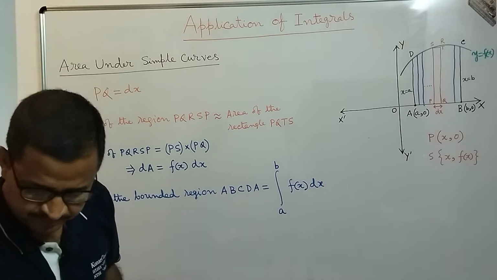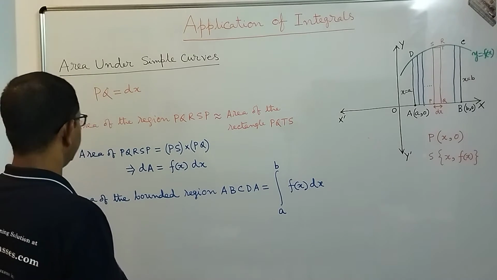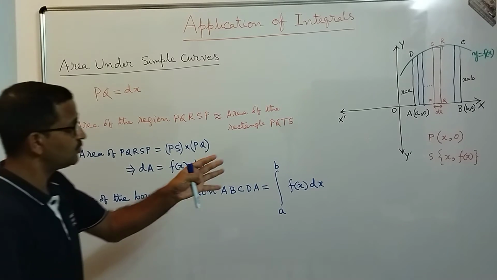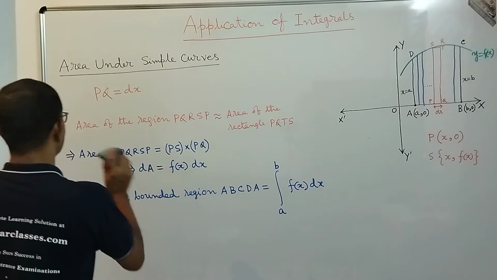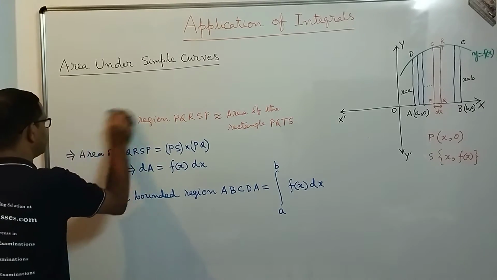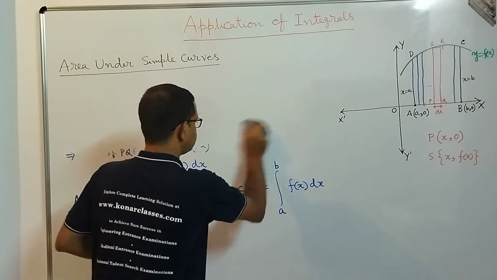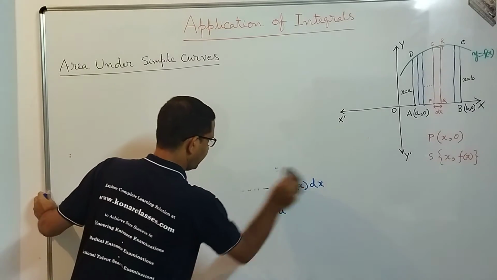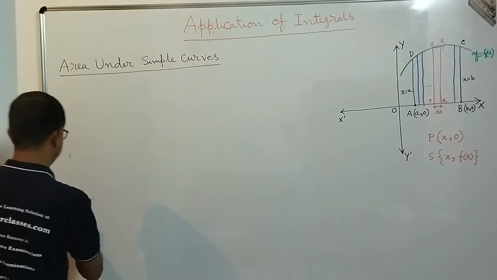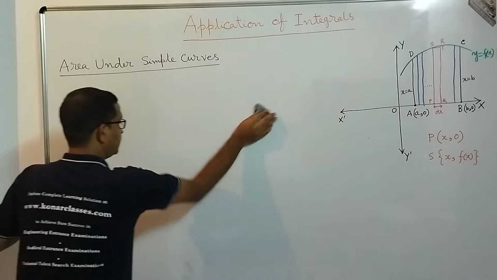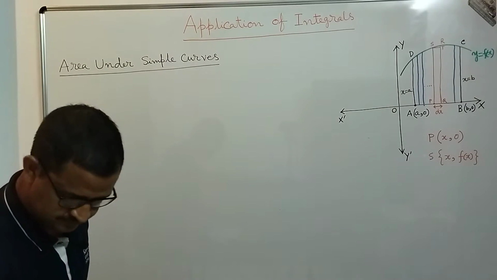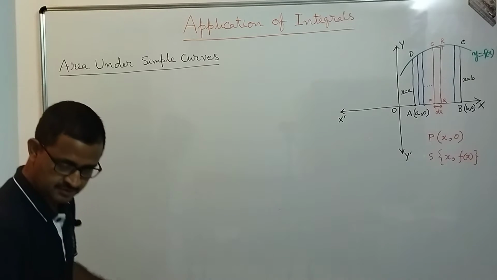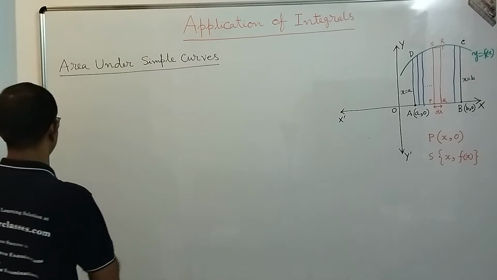Now let me summarize this understanding, then we will go to some special cases. So what we understood so far is something like this. Let me draw it here and then write as well. Let me draw the coordinate axes in black color.